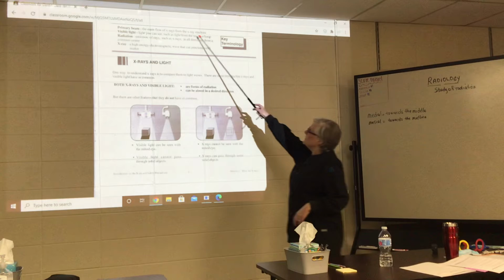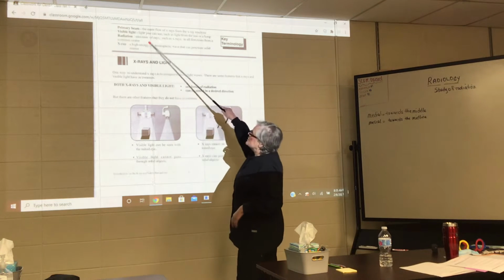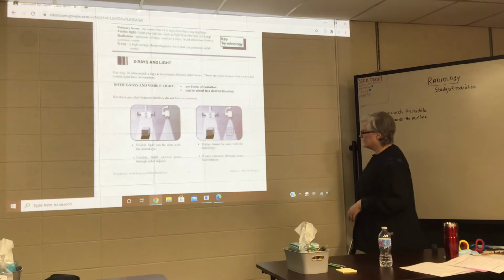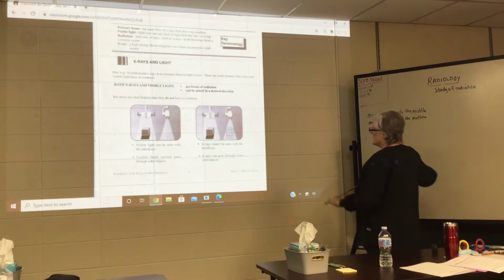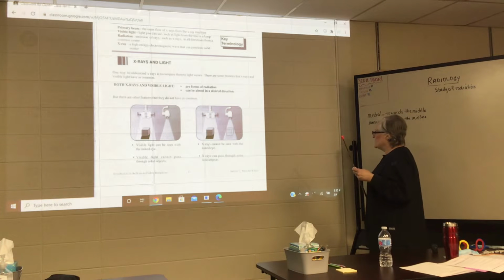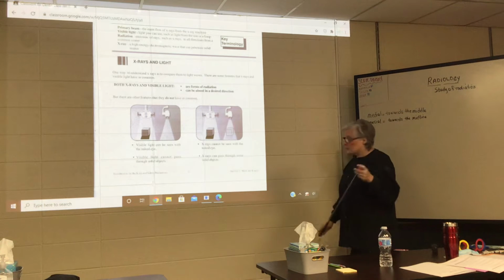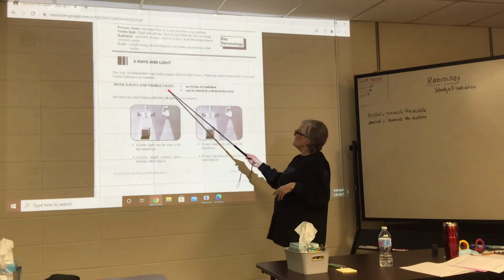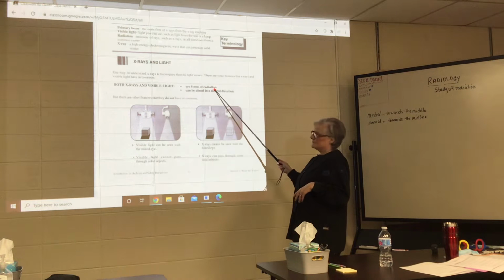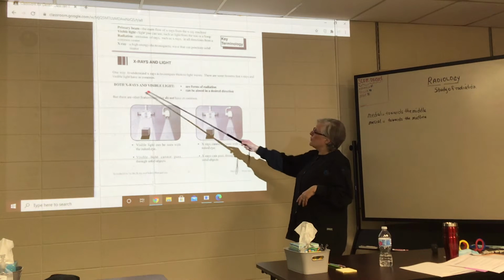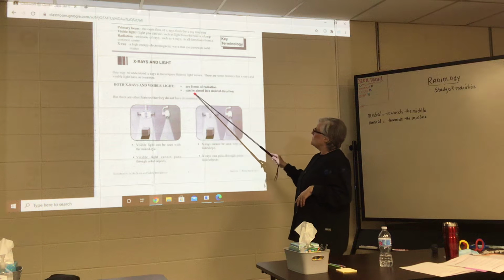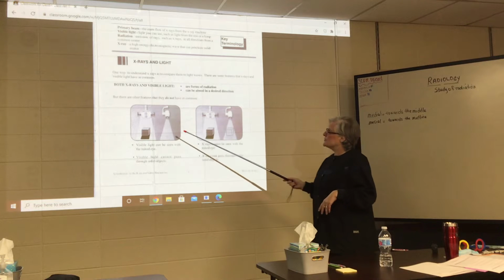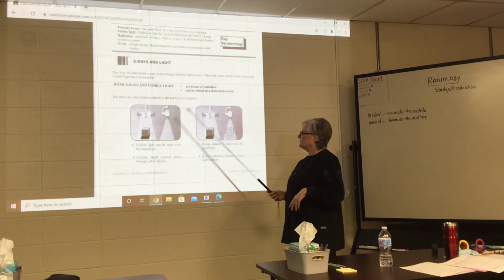Key terminology. Make sure that you know your key terminology on each of these pages, okay? One way to understand X-rays is to compare them with light waves. There are some features that X-rays and visible light have in common. Both X-rays and visible light are forms of radiation. Both can be aimed in a desired direction. There are other features that they do not have in common.